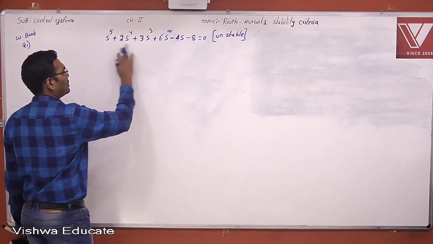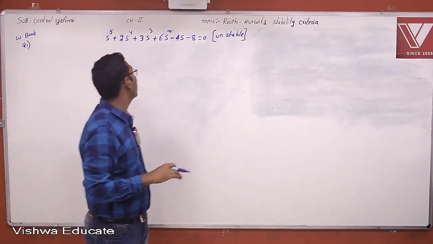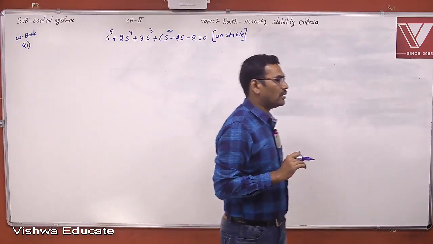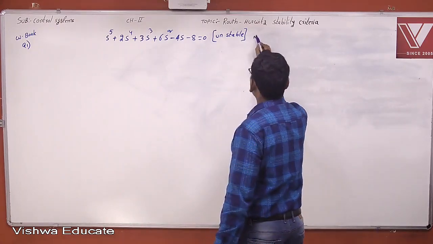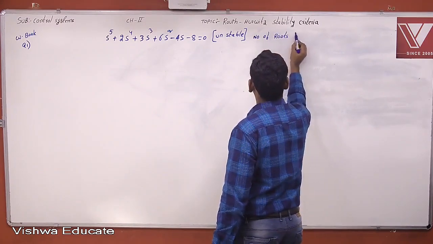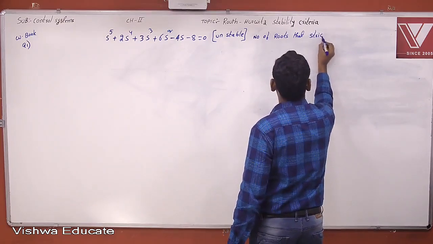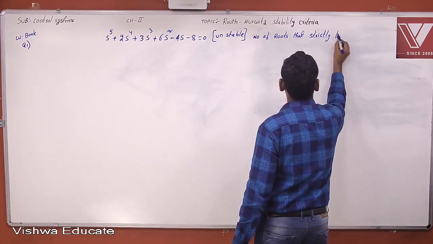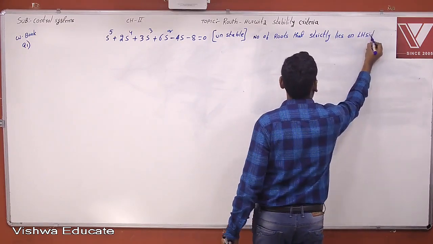Now this is an unstable system, but that is not what he is asking. By giving the characteristic equation, he is asking the number of roots that strictly lie on the left hand side of the S plane.